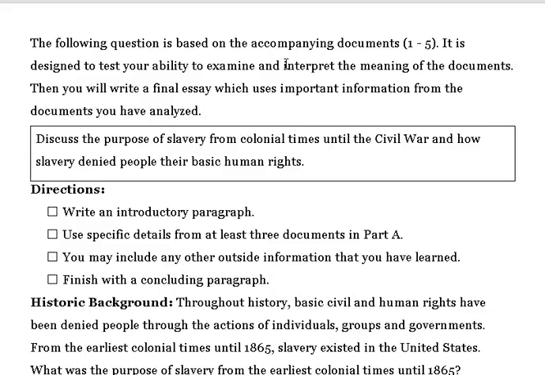Ready, let's start. The following question is based on the accompanying document. We only have two. It is designed to test your ability to examine and interpret the meaning of the document. Then you will write a final essay, which uses important information from the documents you have analyzed.